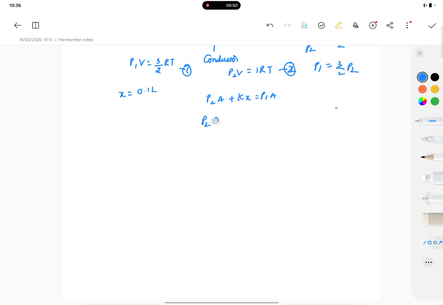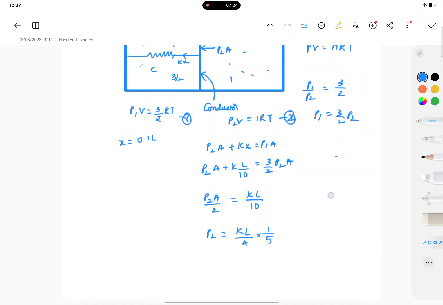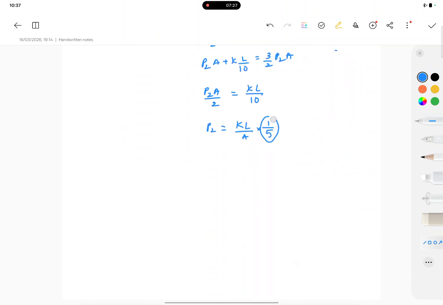So P2A plus Kx, where x is L by 10, and P1 is 3 by 2 P2A. You will get P2A into (3 by 2 minus 1), that is 1 by 2, equal to KL by 10. So finally the P2 value would be KL by A into 1 by 5. So KL by A into alpha. So the alpha value is 1 by 5, that is 0.2.